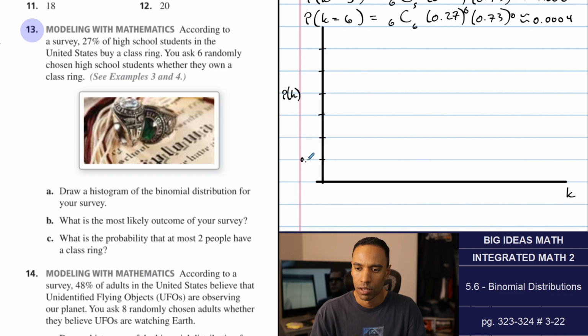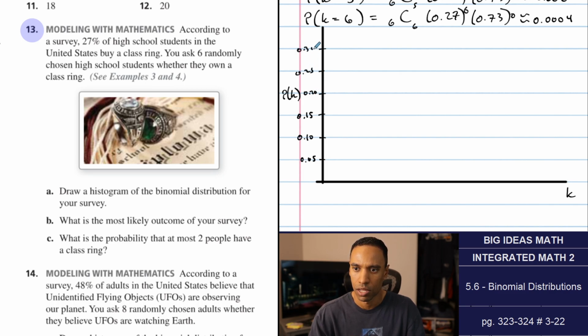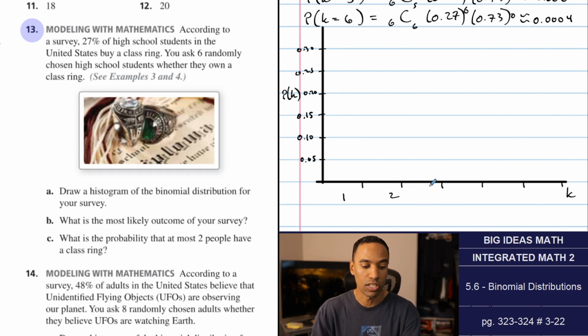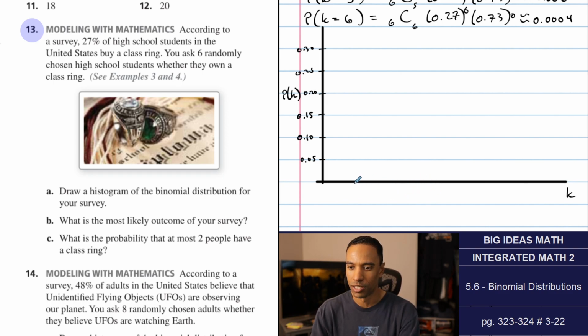So 5%, 10%, 15%, 20%, 25%, 30%, and 35% should be above right there. Now we're going to divvy these up. I'm going to try and give equal widths. It's pretty good. 1, 2, 3. Oh, I need 0 on here. Hold on. It was good. 0, 1, 2, 3, 4, 5, 6.